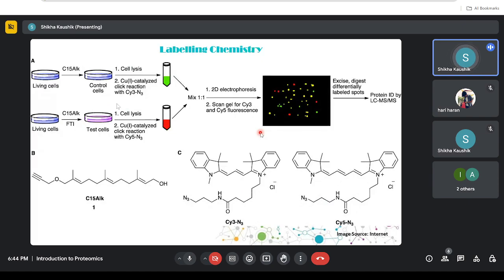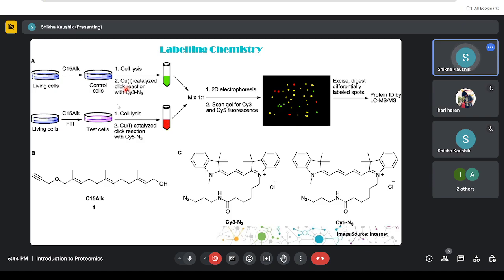So talking about the chemistry, it is basically the same. You have living cells, you have your control cells. You do the cell lysis and allow your proteins to come out.